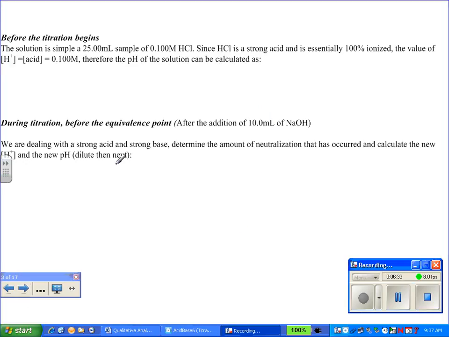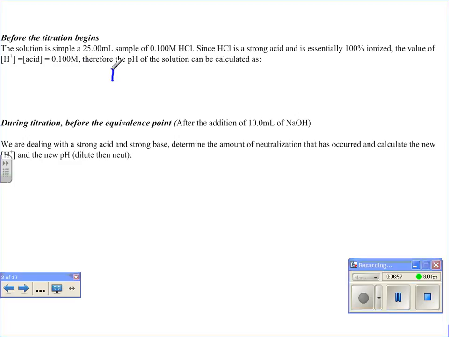So let's look at the pH before the titration begins. We started with a solution that is 25 milliliters of 0.1 molar hydrochloric acid. Hydrochloric acid is the only solution present, and it's a strong acid. So we know from this that the concentration of H plus is going to be equal to the concentration of HCl.